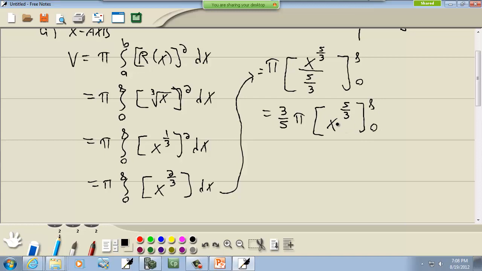Now if I put 0 in here, 0 to any power is 0, so I don't need to worry about that one. I just do the 8. So I got 3/5 pi times 8 to the 5/3.